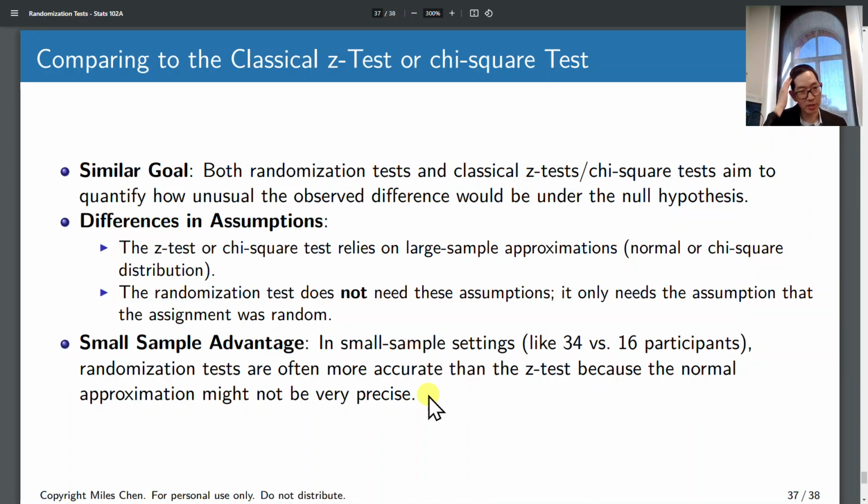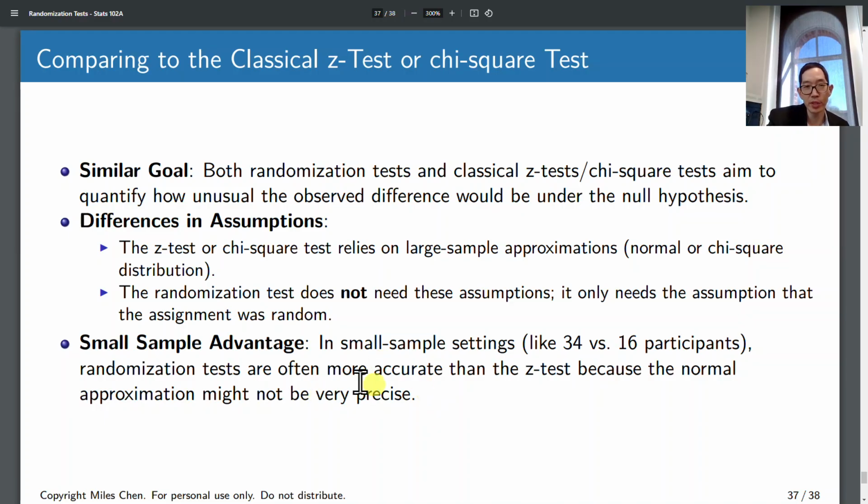Okay, the z-test and the chi-square test rely on large sample approximations, using a normal distribution or a chi-square distribution to understand what the distribution of outcomes looks like if the null hypothesis were true. Okay, the randomization test doesn't make these assumptions. It just says, hey, let's simulate what the distribution would look like if the null hypothesis is true, and it just assumes the random assignment there.